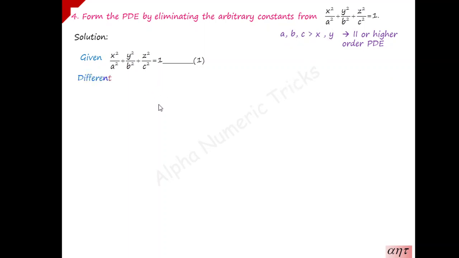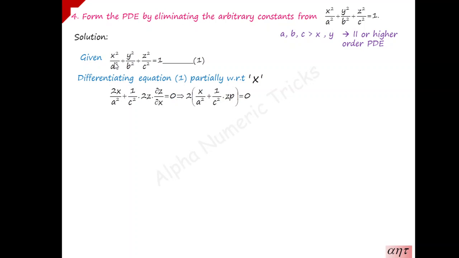Now you have to differentiate 1 partially with respect to the independent variable x. Then you have 1 by a squared is constant. What is the differentiation of x squared? It becomes 2x. Plus y squared by b squared is constant. Why is it constant?